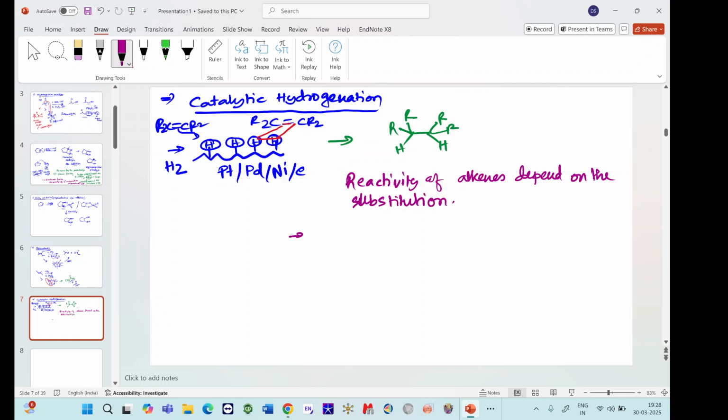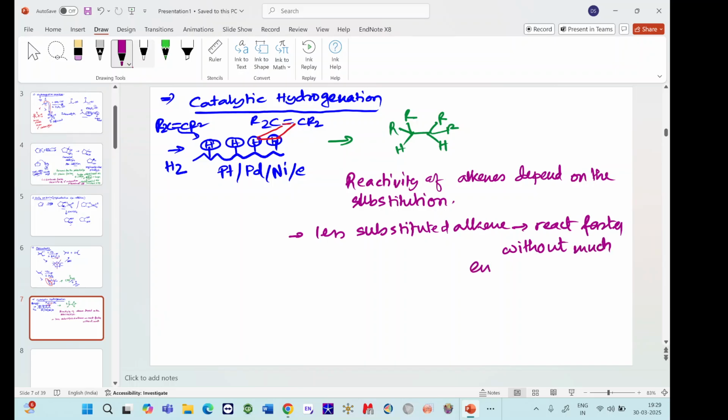Okay, if you have a less substituted alkene, it will react faster, without much energy requirement.